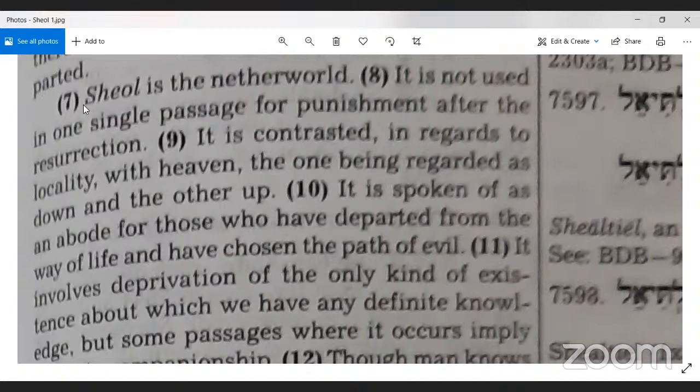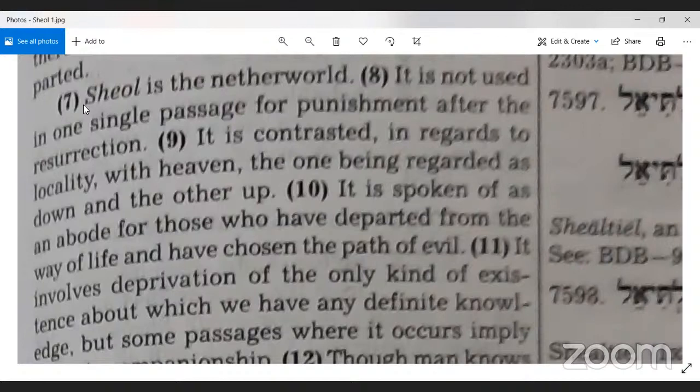Okay, let's continue. Number 7, Sheol is the netherworld. 8, it is not used in one single passage for punishment after the resurrection. Yes. So why is everything about it negative? Good question.